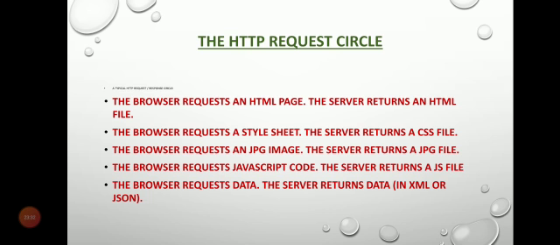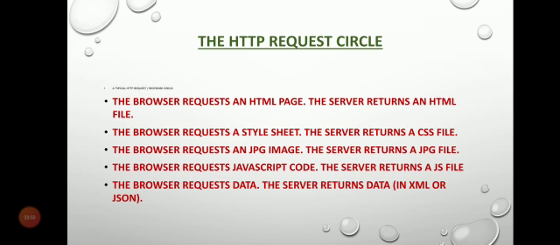The HTTP request cycle. The browser requests an HTML page, and the server returns an HTML file. The browser requests a style sheet, and the server returns a CSS file.